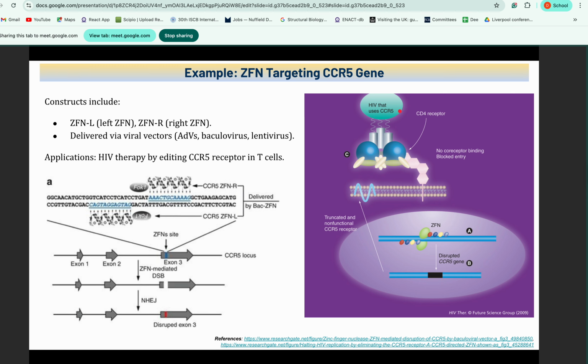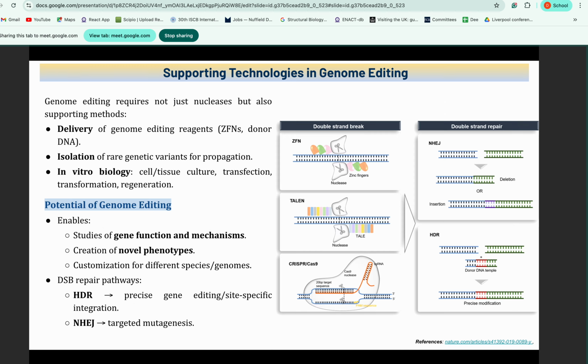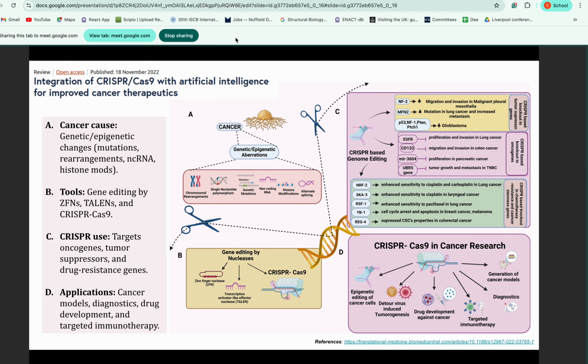If this gene gets disrupted, the receptor will not be formed and HIV will not be able to bind. Similarly, with the help of CRISPR-Cas9, we can target those genes which are responsible for cancer. We can disrupt them or we can correct them and we can stop the cancer spread.